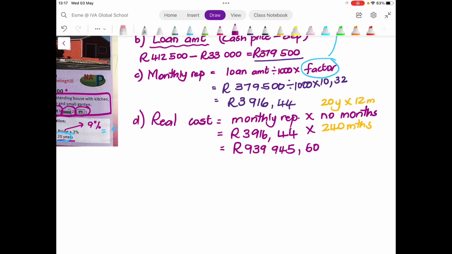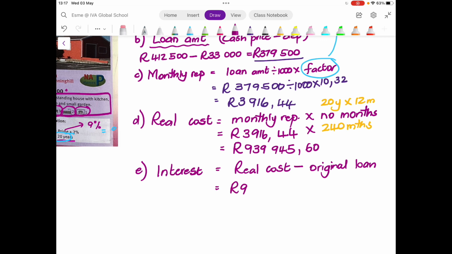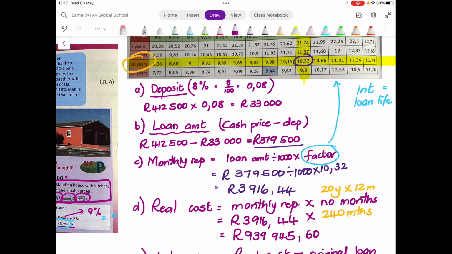So the next thing they ask you is how much interest was paid. So the interest paid is real cost minus original loan. Okay, so the real cost was 939,945,60 minus the original loan, which was the loan amount here.